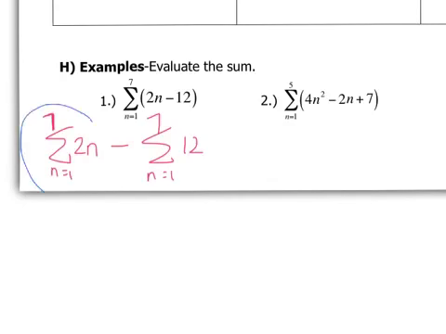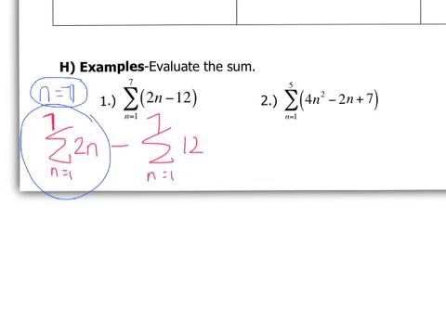Let's think about the first summation. Is this constant, linear, or quadratic? Linear. All right, so we are going to use the linear formula. Keep in mind that our value of n is 7.